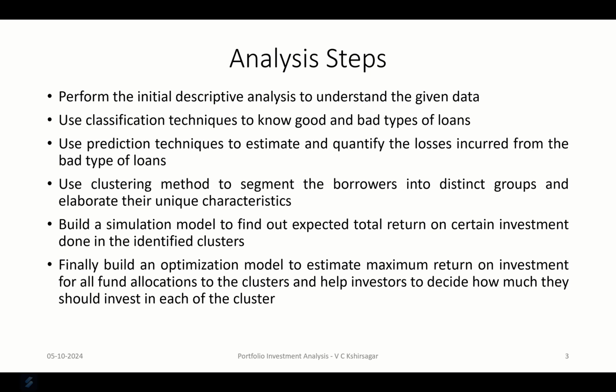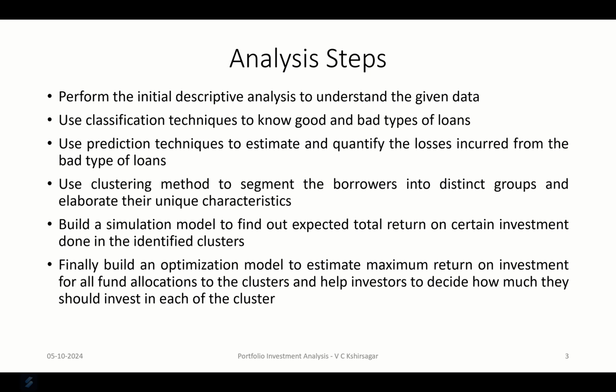So for this particular analysis task, the steps are shown in front of you. Typically there are 4 to 5 steps, and I will explain these steps. First task is to perform the descriptive checks on the received data.